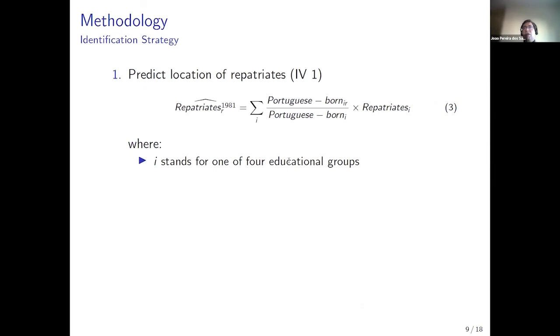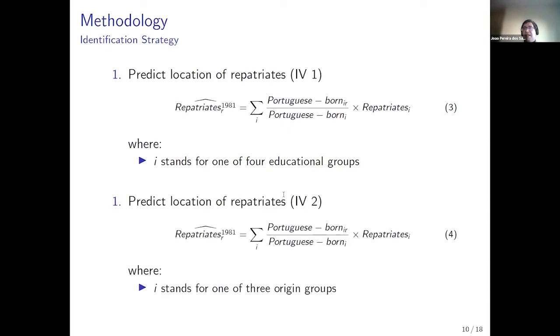In the first one, we are going to predict the location of repatriates using as a share the places where they were born, per educational group, and the shift is going to be the share of repatriates. So the idea is that if more repatriates that are highly educated were born in a particular municipality in Portugal, that municipality is predicted to attract more repatriates from the same educational group.